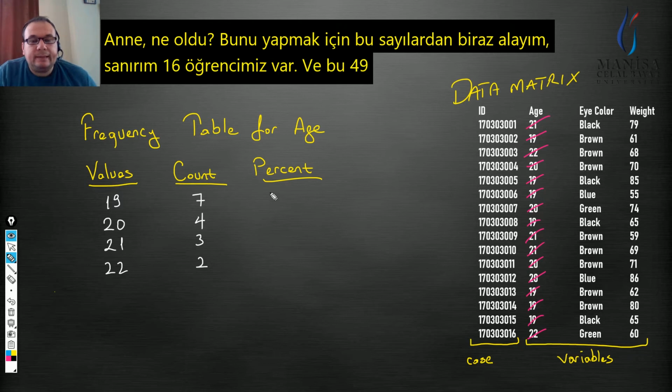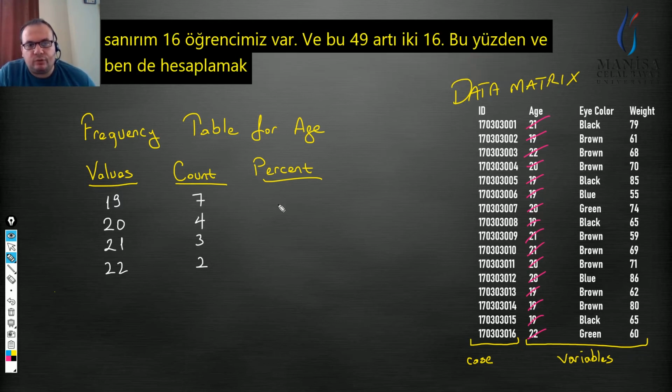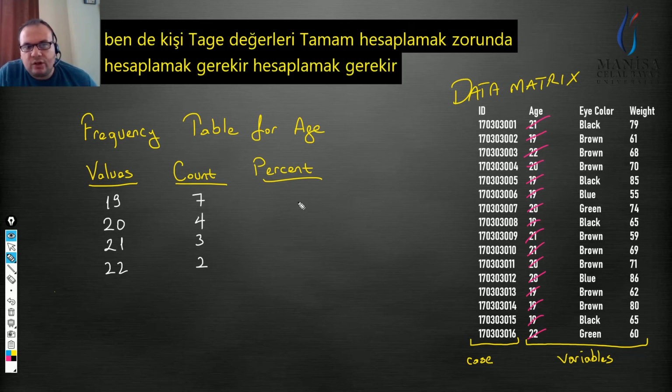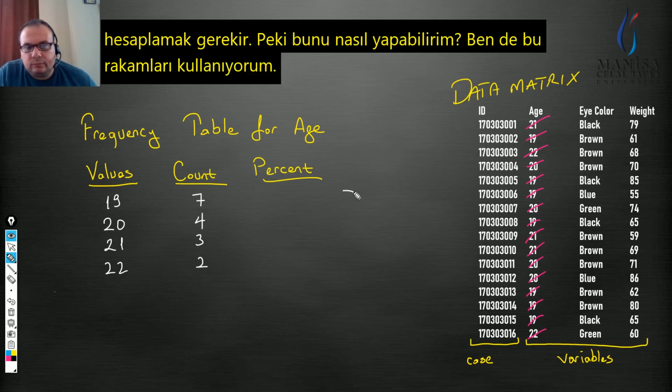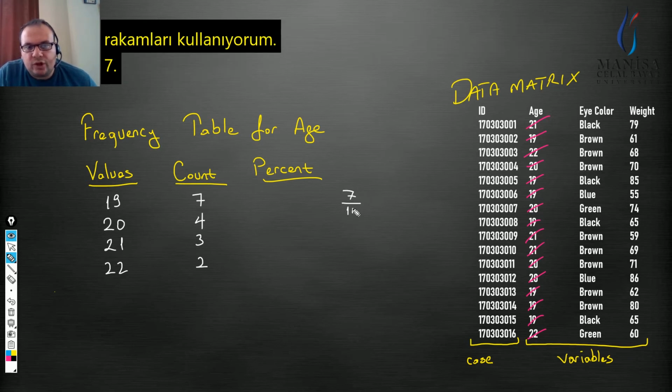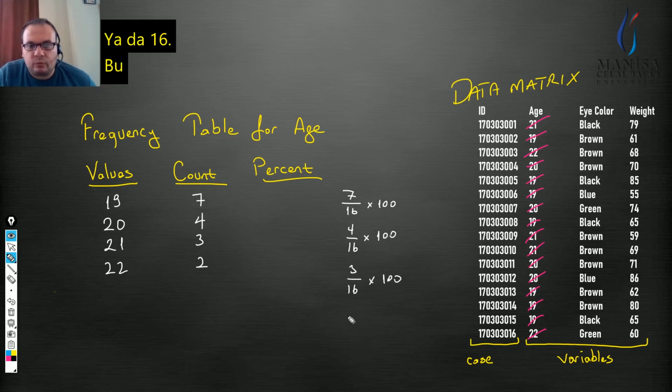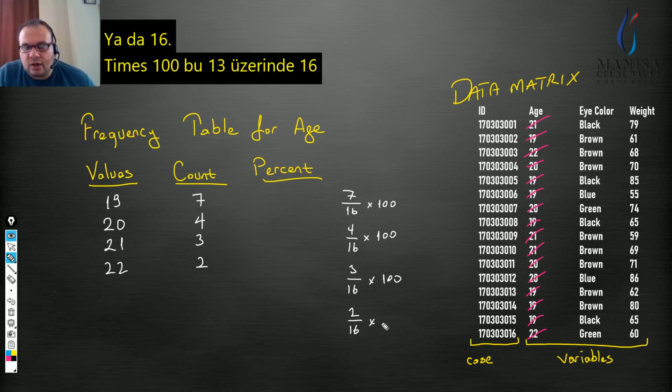I have to calculate also the percentage values. So how can I do this? I just use these numbers. 7 over 16 times 100, and for this one 4 over 16 times 100, and for this one 3 over 16 times 100, and for this one 2 over 16 times 100.